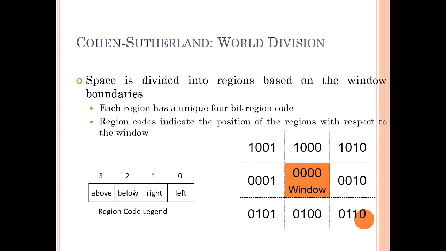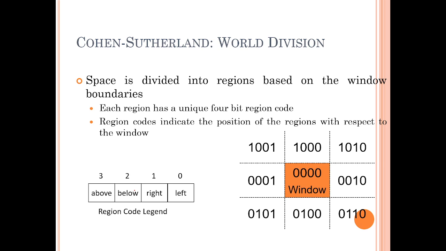below, right, left. Based upon that, we can define the values: 1001 for the top left corner, middle top 1000, top right 1010, middle left 0001, middle window four zeros, middle right 0010, bottom left 0101, below 0100, bottom right 0110.